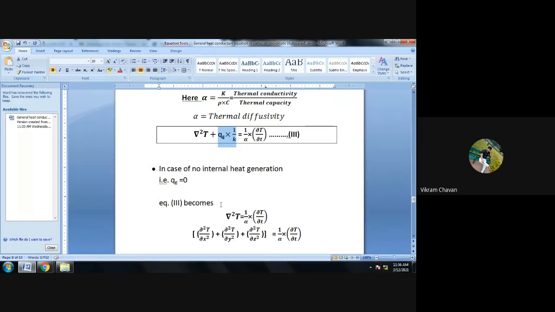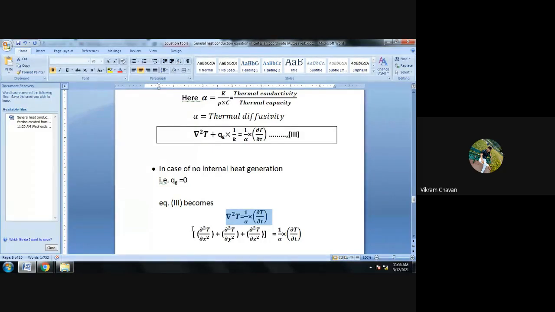So equation 3 becomes del square T is equal to 1 upon alpha multiplied by dabba T divided by dabba small t.